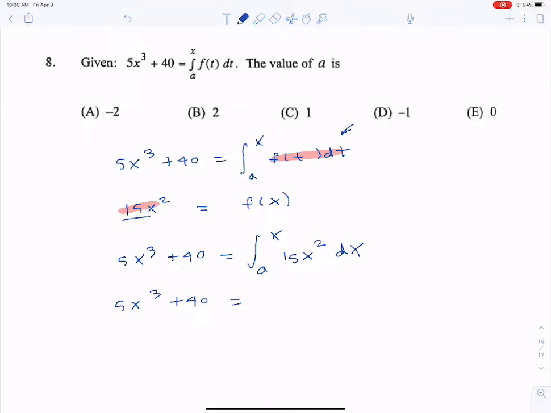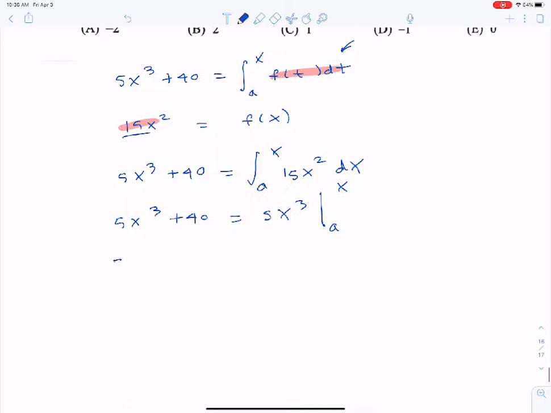So one more time. I'm going to replace 15x squared with what I have there. So now I integrate, and I get 5x cubed from a to x, which leaves me with 5x cubed plus 40 equals 5x cubed minus 5a cubed. 5x cubes cancel out on each side.